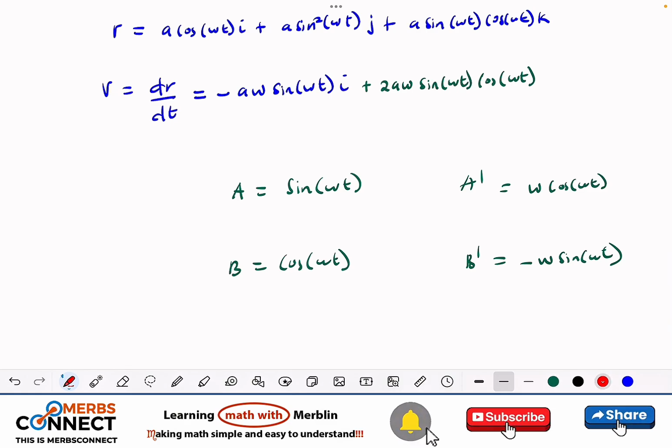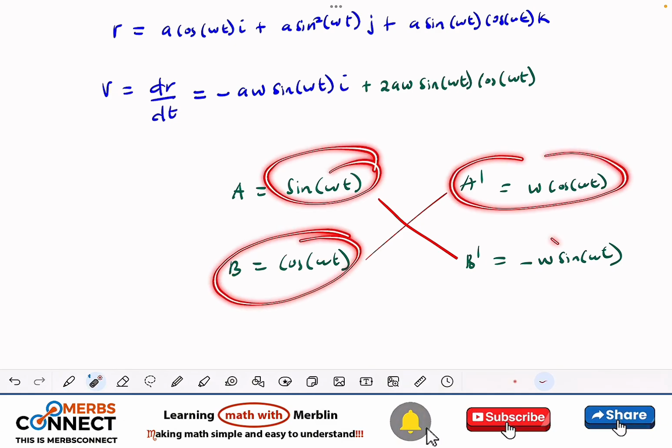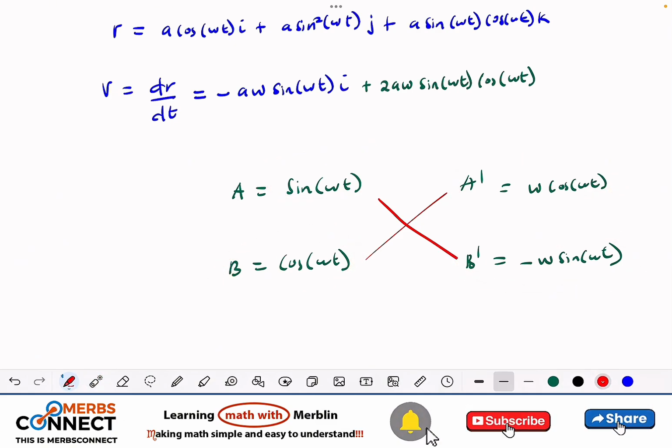The product rule says that if I have two functions multiplying, and I have the functions themselves and their derivatives, then I just do cross multiplication. So I just multiply this to this and this to this to form the derivative. This is going to be plus, don't forget the a. So I'm going to have a out.